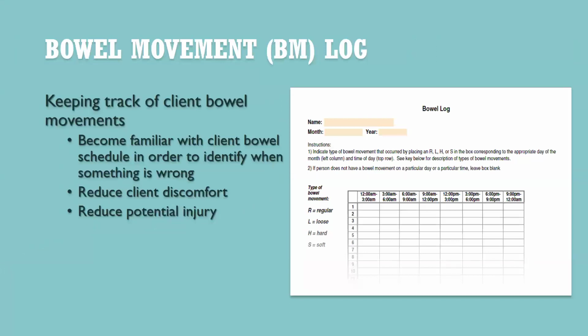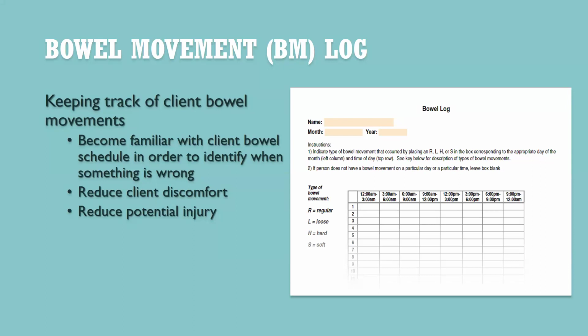One way you can keep track of client bowel movements is using a bowel log. The reason for this is it helps you communicate with other people on the team what your client's bowel schedule looks like. It helps you identify what's normal for them, what's not normal for them, and that will help you identify when something is wrong and when to get help, or when to give a PRN medication, such as a stool softener.